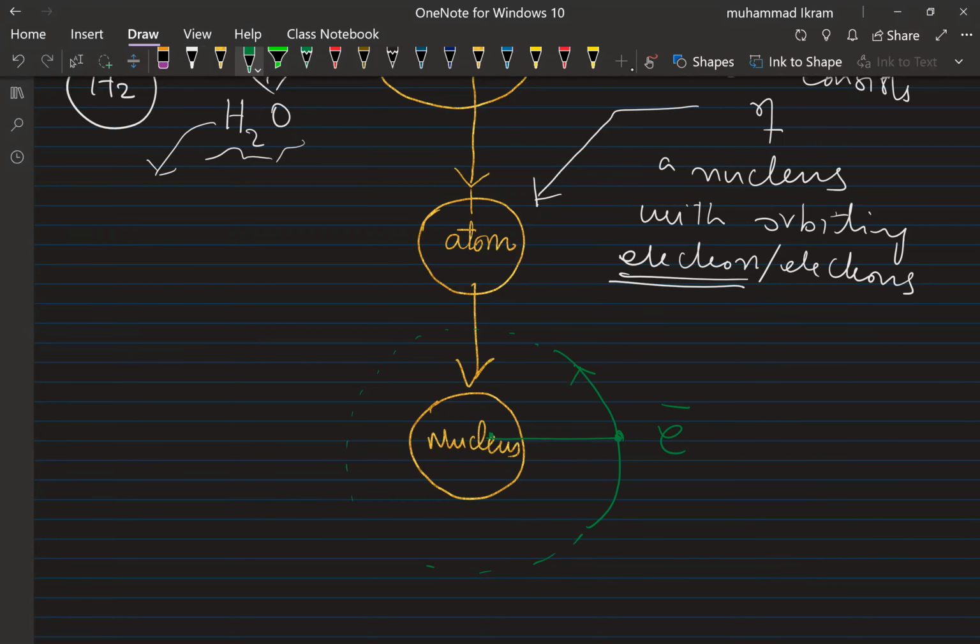So at the grassroots, all the matters are made up of molecules, whether it is in the solid state, in the liquid state, or in the gaseous state. The molecules are always in continuous motion. These molecules have continuous motion.